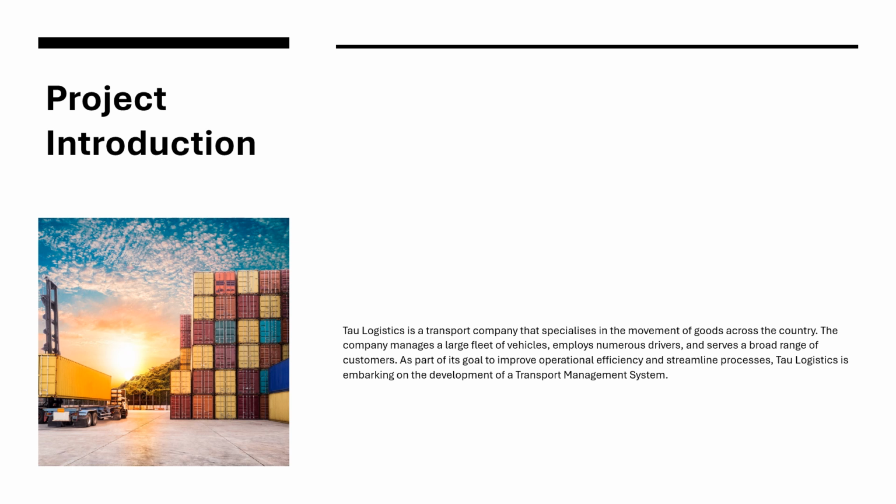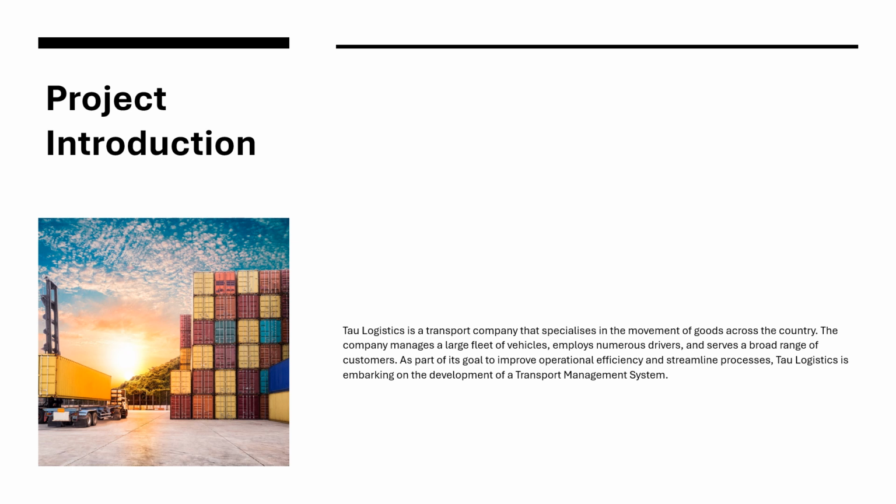Then still under the project overview, we have a project objective. The main objective is to design and implement a robust database system using Microsoft SQL Server 2012. This system will capture all essential data and operational logic of Tau Logistics. The system must: 1.